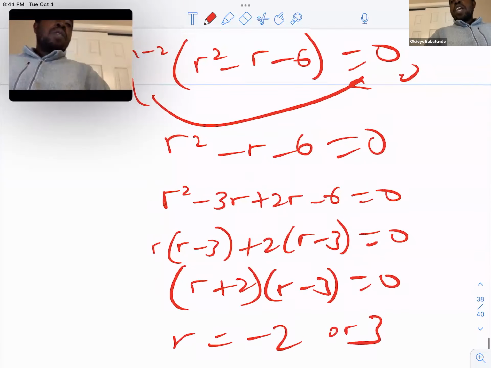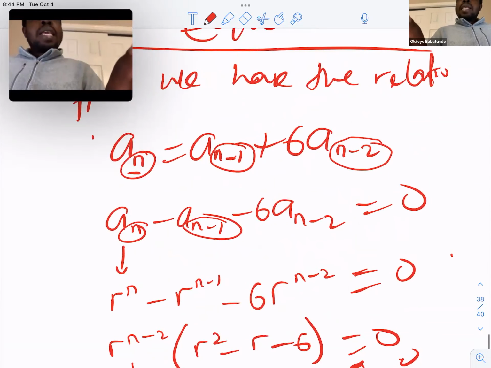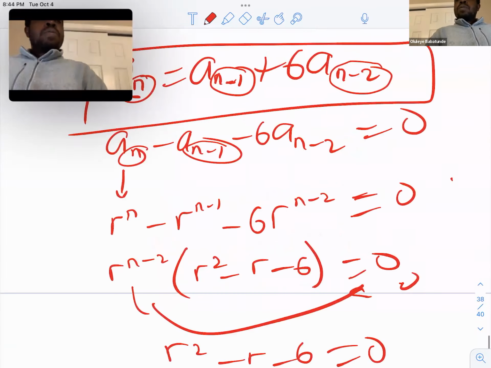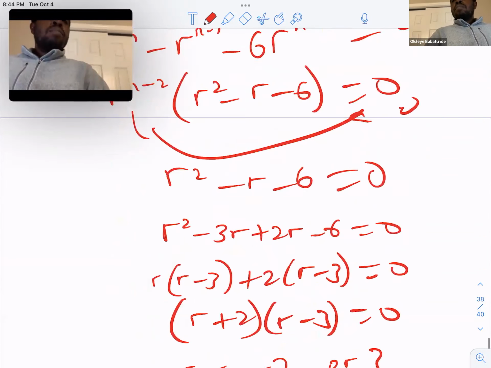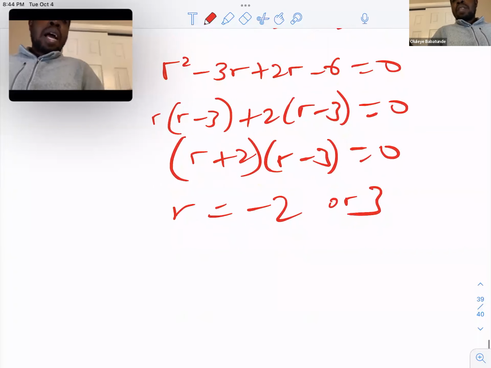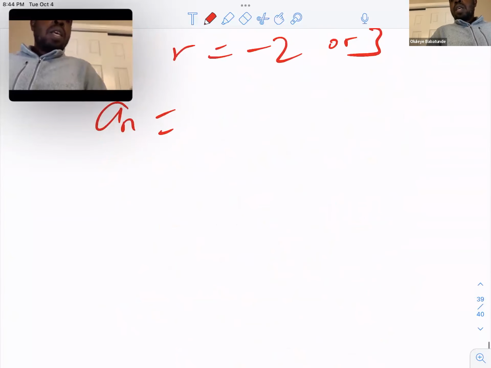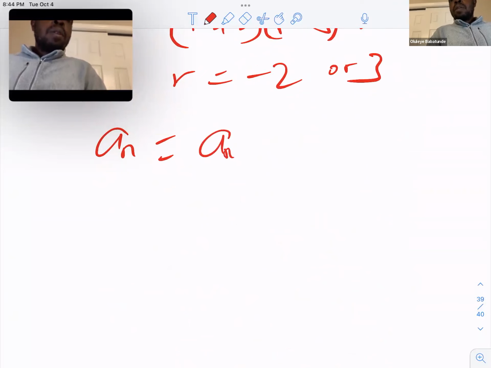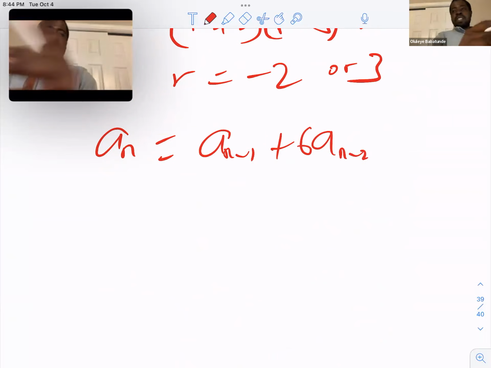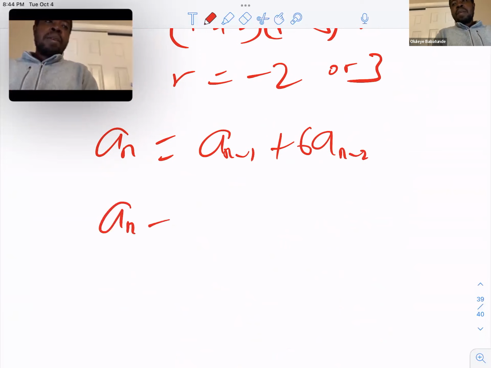So now, when you have something like this, naturally, if you just have a_n equals a_(n-1) plus 6 a_(n-2), you can just bring everything to the left side and have a_n minus a_(n-1) minus a_(n-2) equals 0.